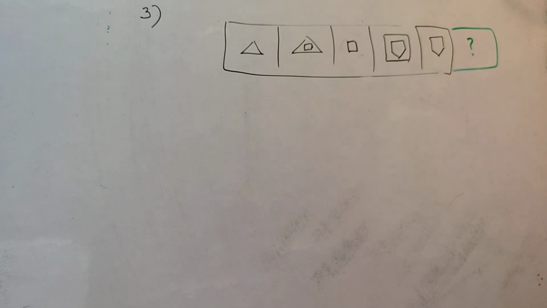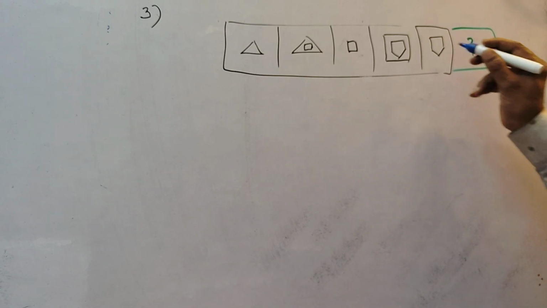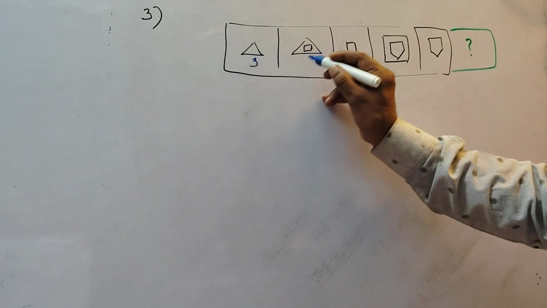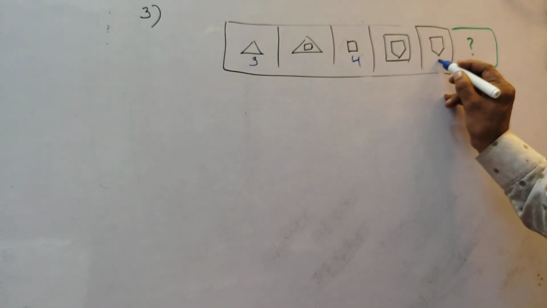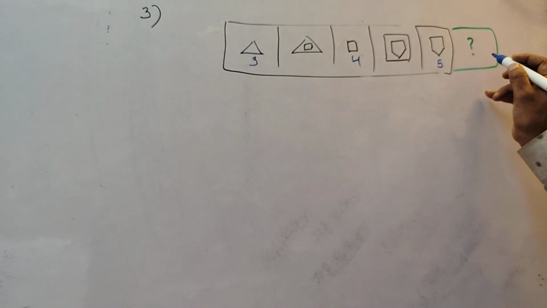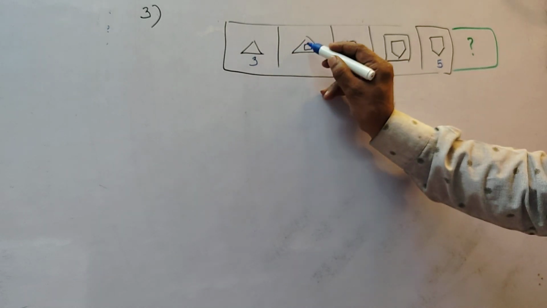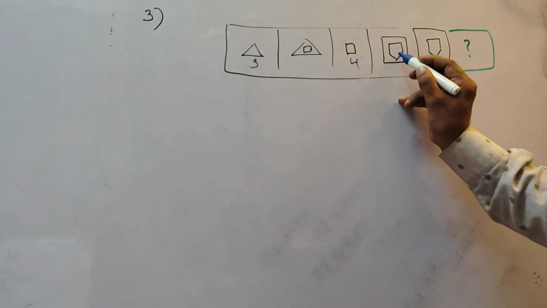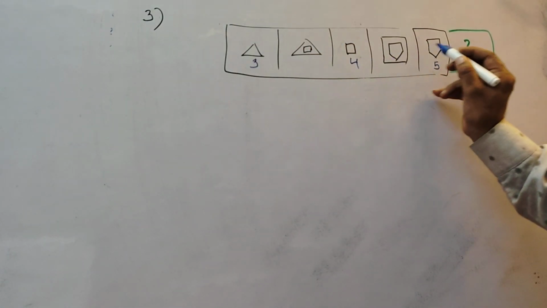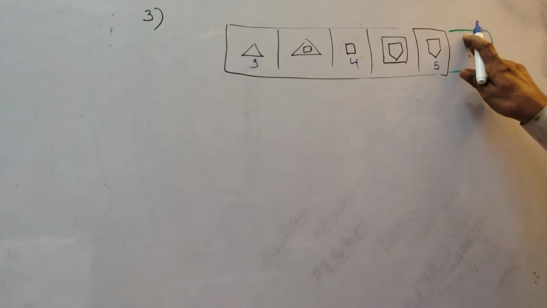But if you see on the outskirts, one side is increasing, one side is increasing. Three side, now it is decreasing, four side, five side. And in the middle there is four sides, then five sides, then the middle will be six sides.